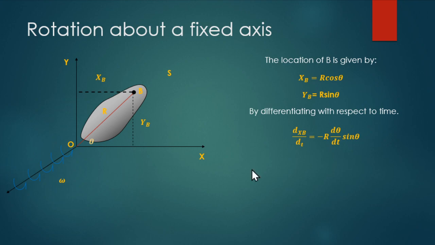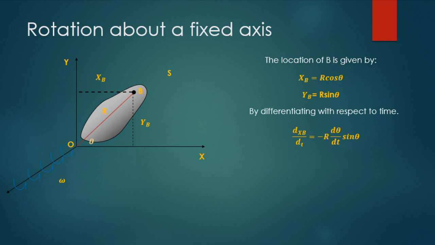Then by product rule, differentiating theta gives d theta over dt.